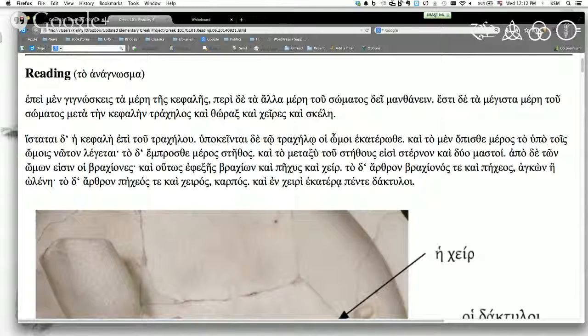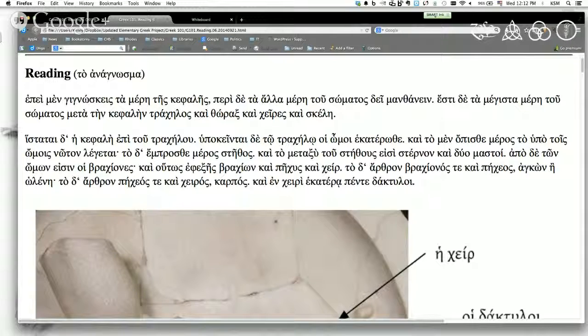Under the shoulders, on each side. And on the one hand, the part of the shoulders, the part behind, under the shoulders, the back, it is said.